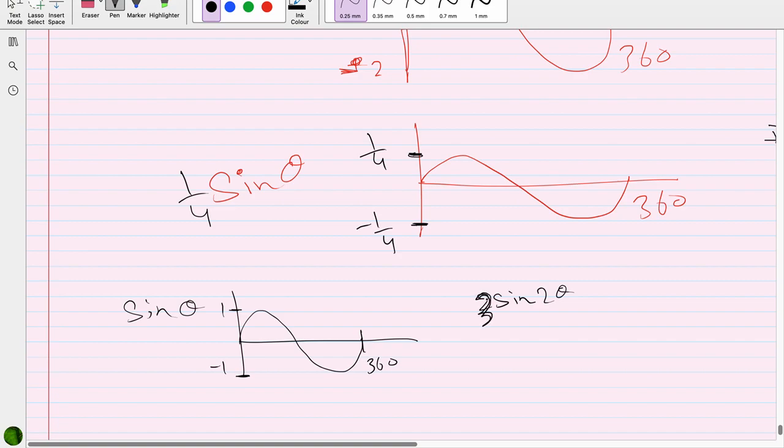So when we discuss, we know actually what we are talking about. So the shape still stays the same. We know the graph lies between positive 3 and minus 3. 2 theta would mean we get to see two curves in 360. That means one curve in 180. Any doubts?